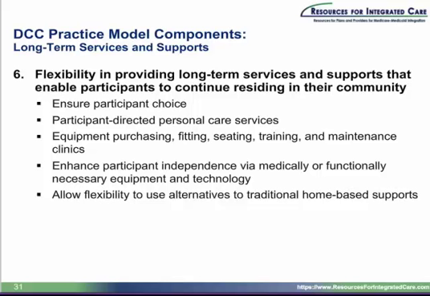This pillar includes ensuring participant choice in where and how they live, personal care services using either person-directed or agency model, equipment purchasing, fitting, seating, training, and maintenance clinics, enhanced independence via medically or functionally necessary equipment and technology, and flexibility to use alternatives in lieu of traditional home-based supports.